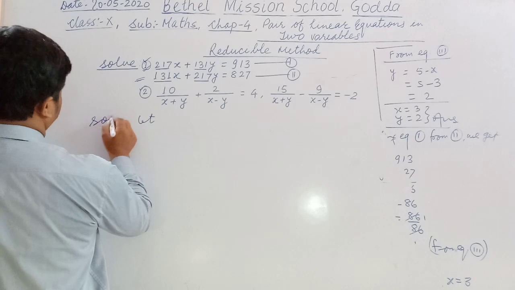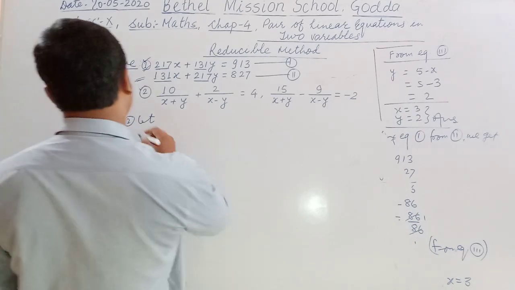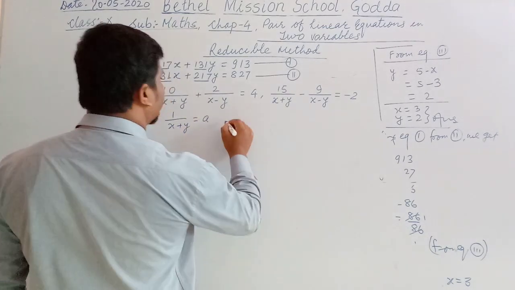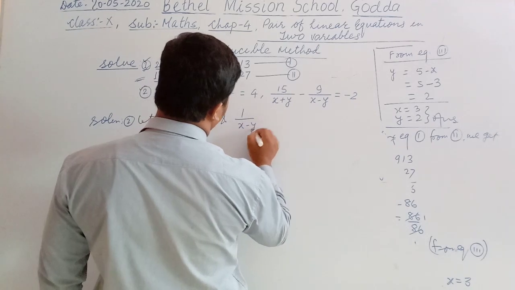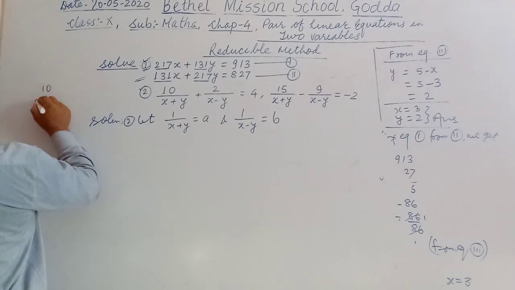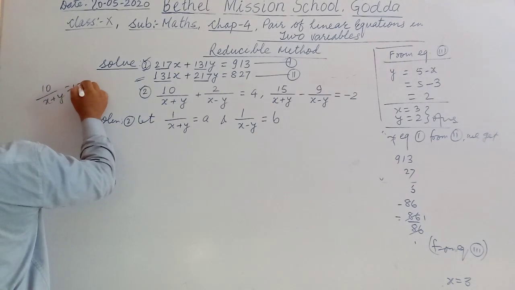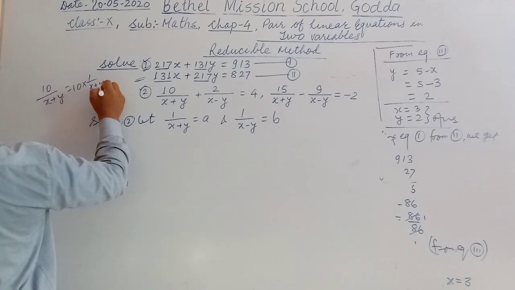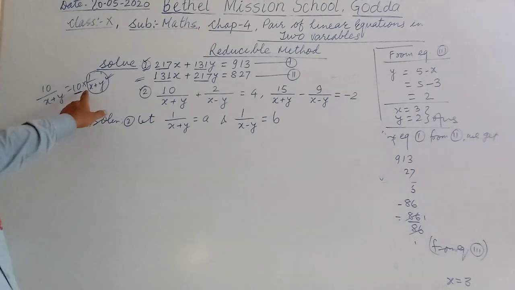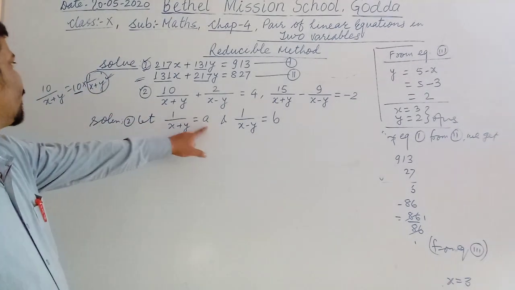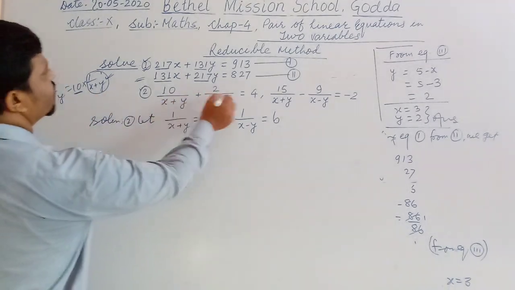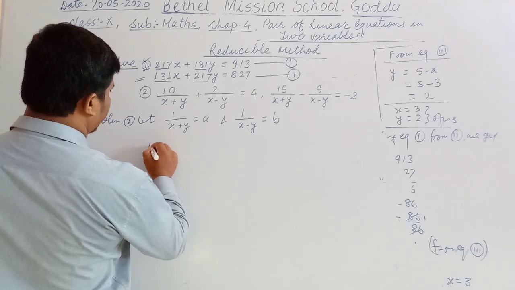Let 1 upon x plus y equal to a and 1 upon x minus y equal to b. So 10 upon x plus y means 10 into 1 upon x plus y, and we have supposed 1 upon x plus y is a, so 10 into a means 10a.